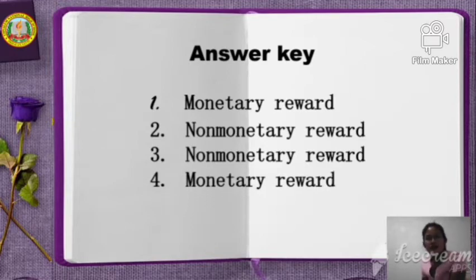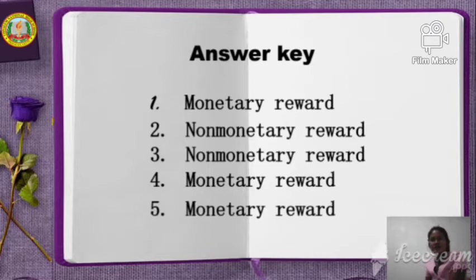Number 4, the 100 peso bill, is a monetary reward. And number 5, pensions, retirement fees, and plans are monetary rewards. I hope everybody got all 5 correct answers for our first activity.